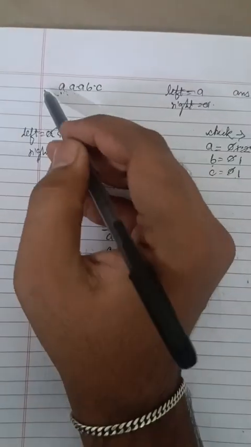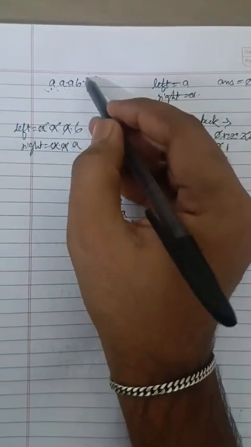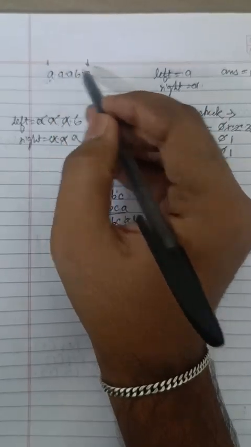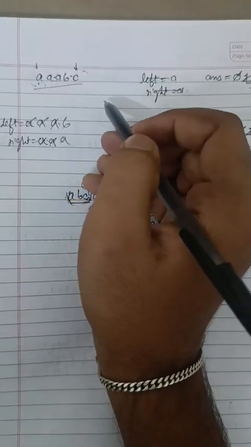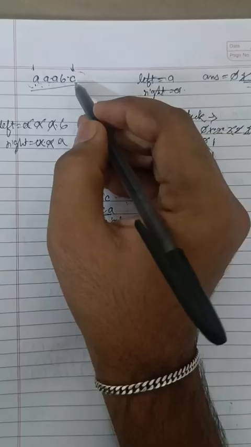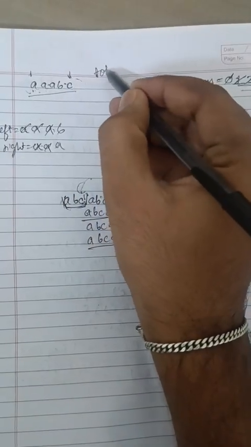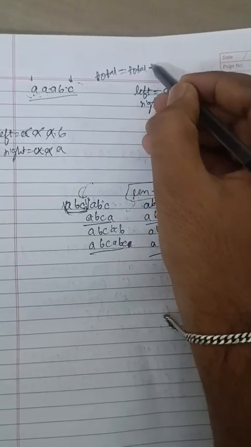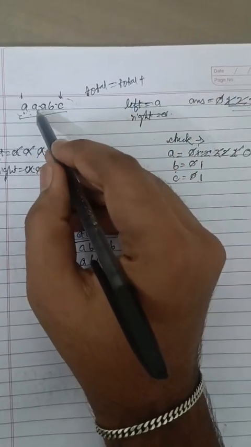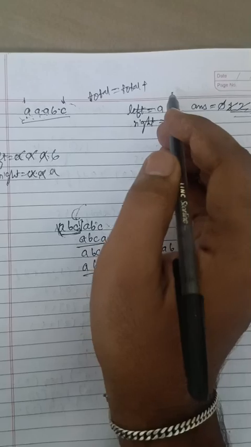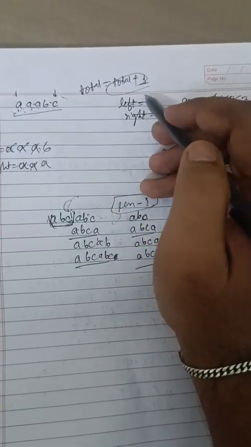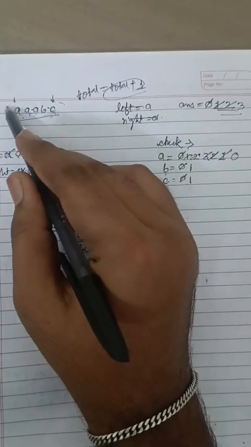Right, here I have explained: the right pointer was here and the left pointer was here, and we were getting the condition, and since the right pointer is at the end, total is equal to total plus the length, 1 2 3 4 5, 5 minus 4, 1. The total number of substrings possible is this only.